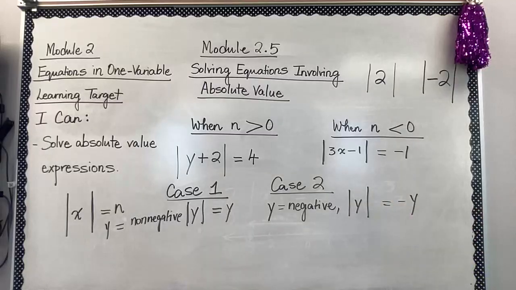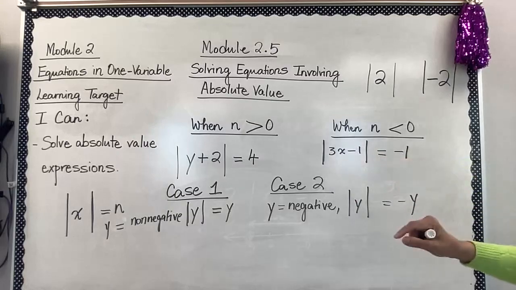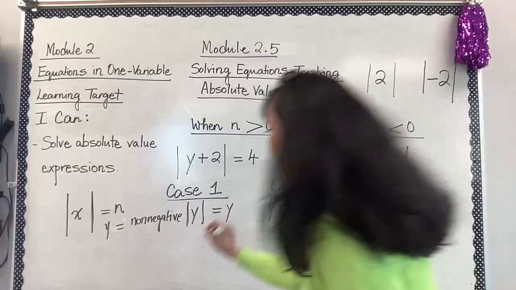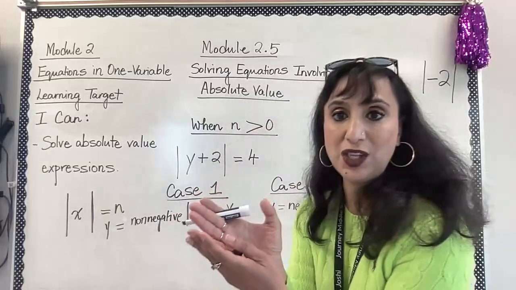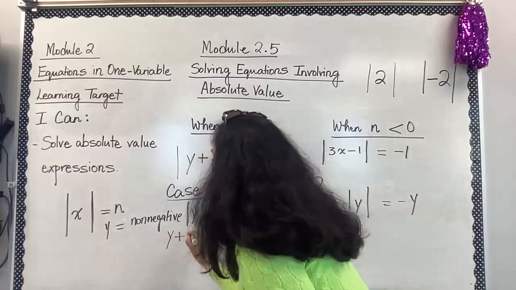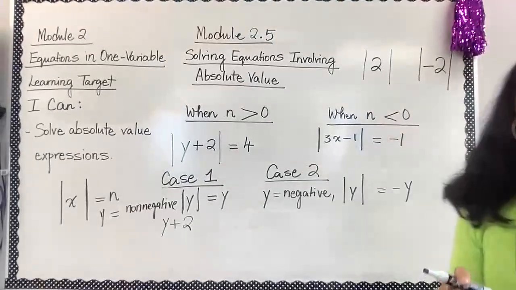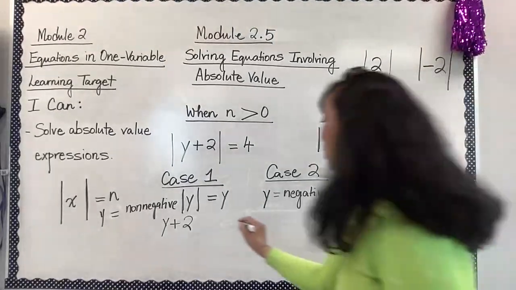So let's solve the first one where I am saying that y is non-negative. I'm going to take the original equation, and the absolute value of y plus 2 is y plus 2, is equal to 4.